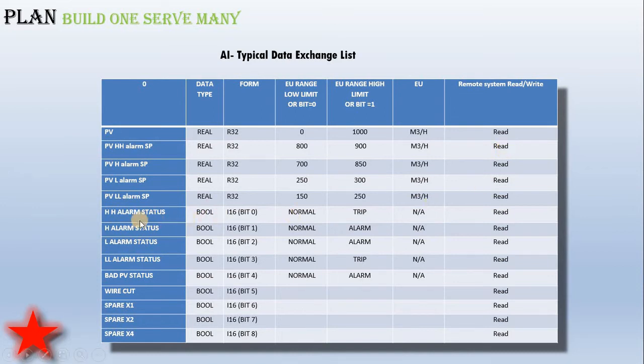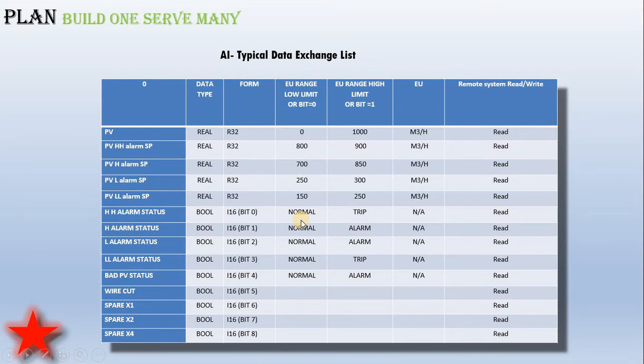Then you have all those high high alarm, high alarm, low, low low, and they come as bits, but on one register, integer 16 bit, and then you can assign every bit to one of these. It's very important at this stage to define the status of the bit. Let's say bit 0: if it is 1, that means it is tripped.